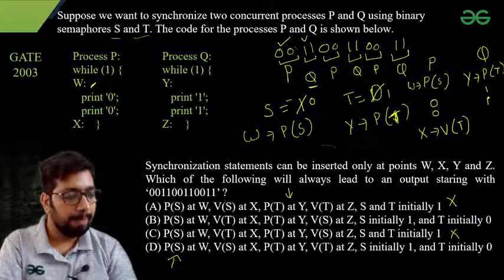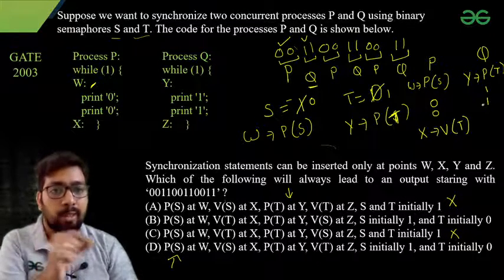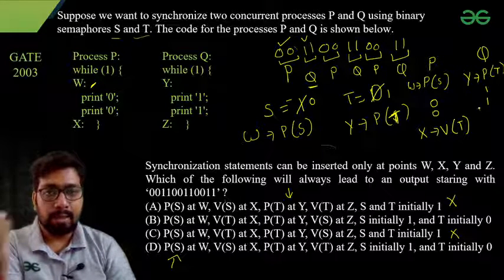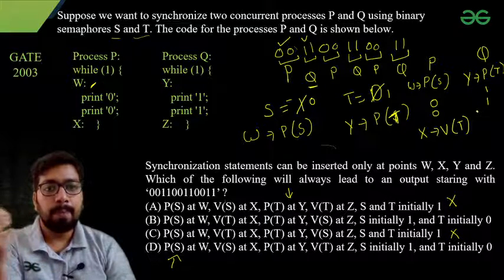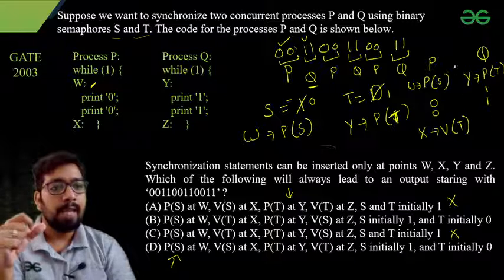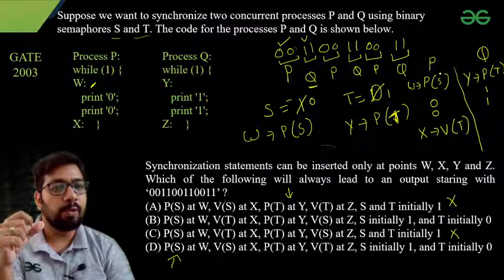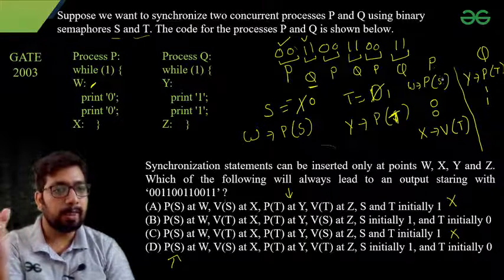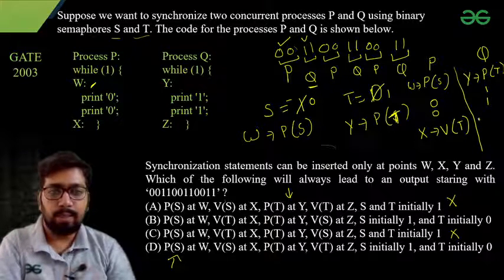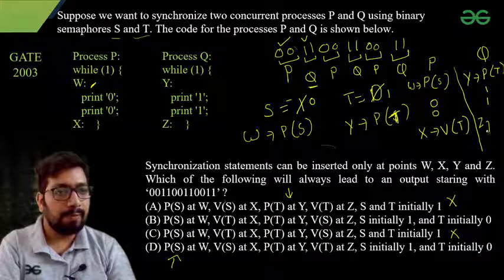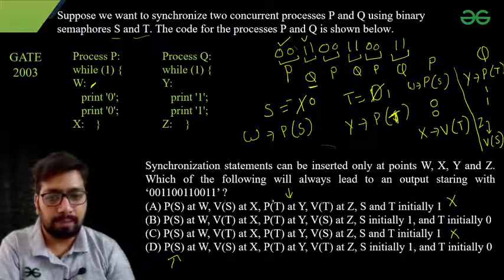After printing 1 1, process P must get the CPU and print 0 0. That means it will increment the semaphore which is accessed by process P. So with line Z, it will signal semaphore S. So this would be the answer.